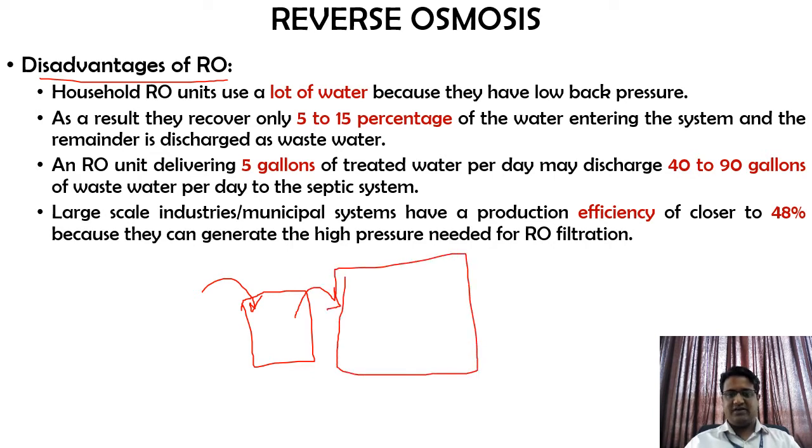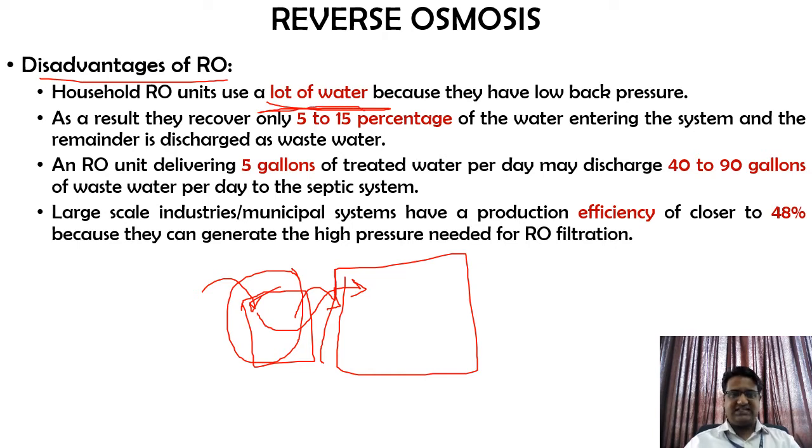Whenever this pre-filter is there, it is actually going to add up with your entire treatment process. Because of that, your pressure head of the inflow will be very less. As and when the pressure is very less, obviously the amount of filtration that is going to occur is going to be less. That's why they waste a lot of water.